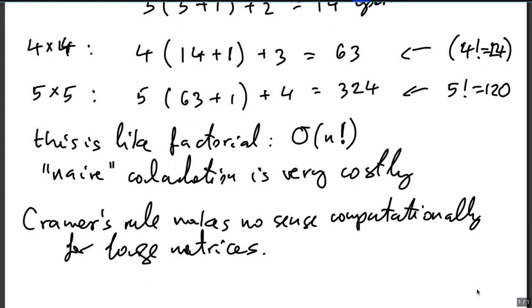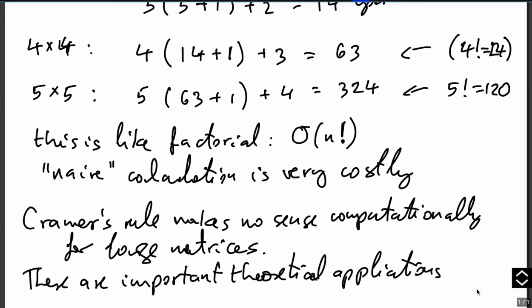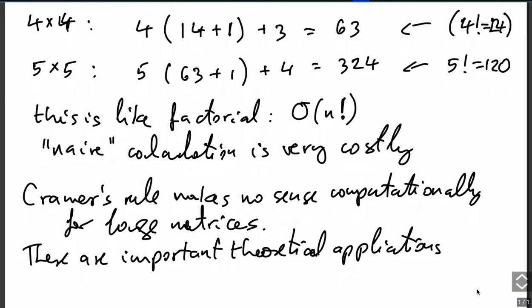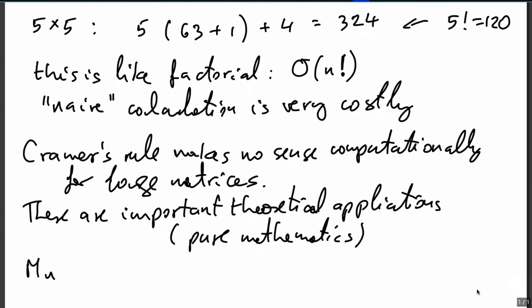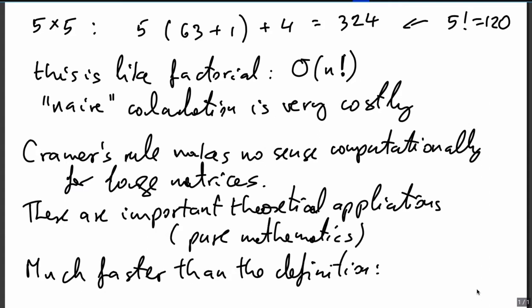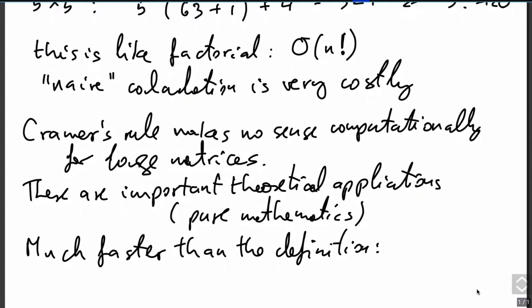I should mention that still there are theoretical uses of determinants and important theoretical applications. By theoretical applications, I mean applications in pure mathematics. And on Blackboard, I made some notes on some special equations that you can look up in differential geometry, for example. Much faster than the definition is to use Gaussian elimination or forward elimination.